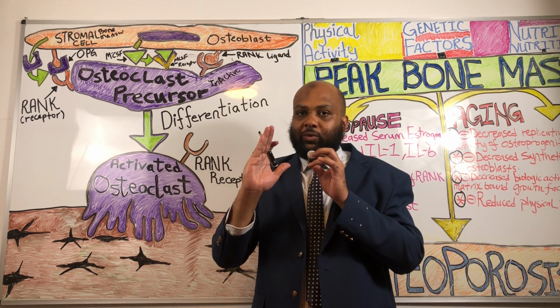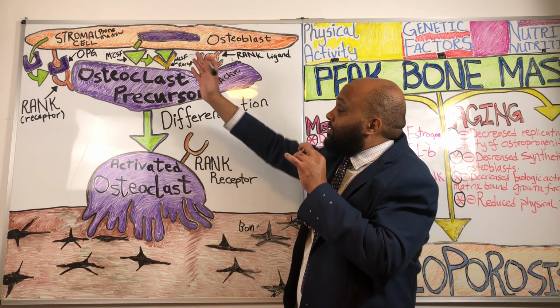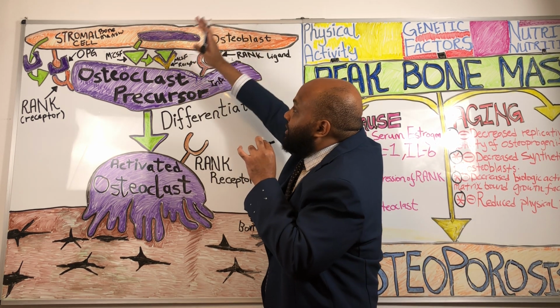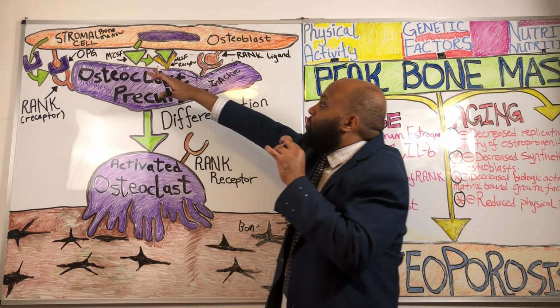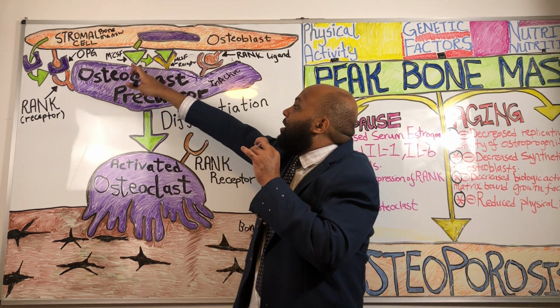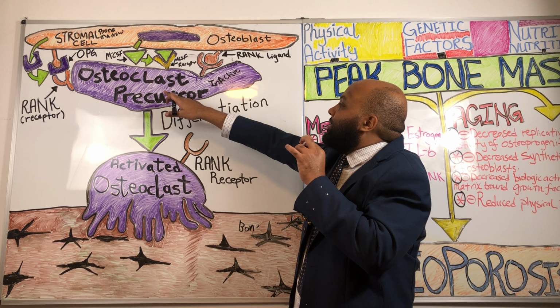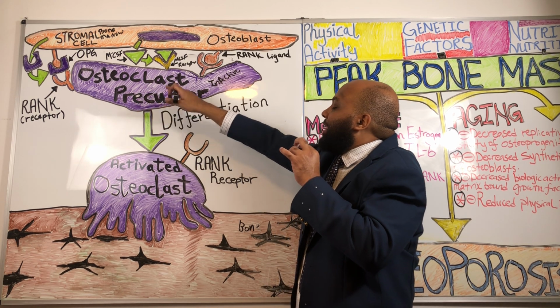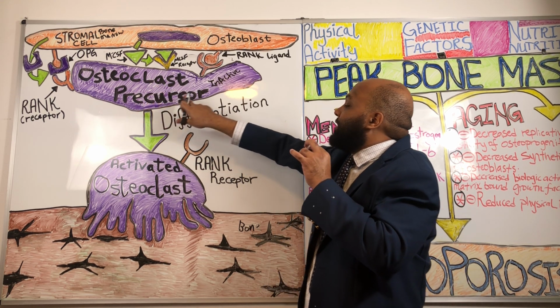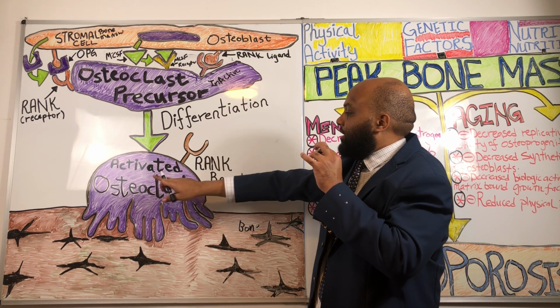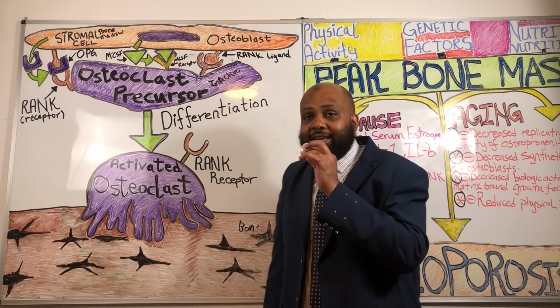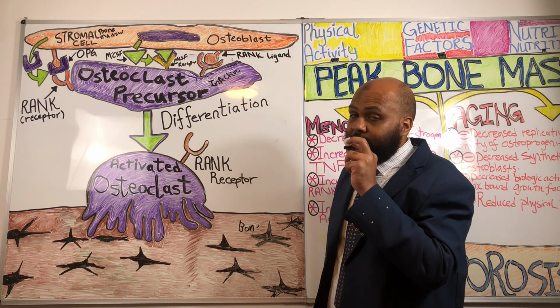That's the first pathway, involving the stromal cell of the bone marrow secreting colony stimulating factor cytokines, which activate the inactive osteoclast precursor cells to differentiate into activated osteoclasts. That is by no means the only pathway.